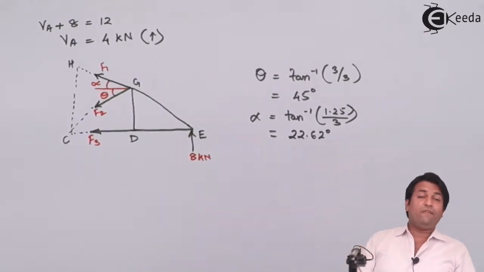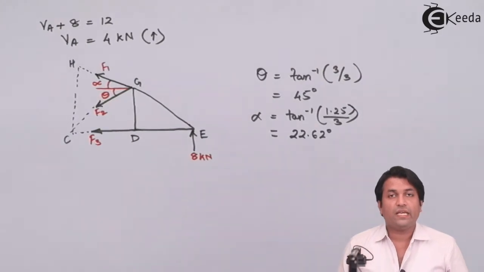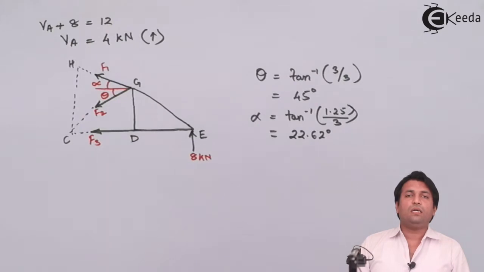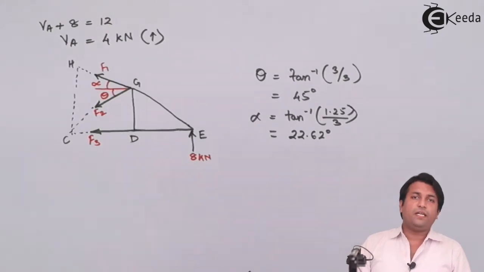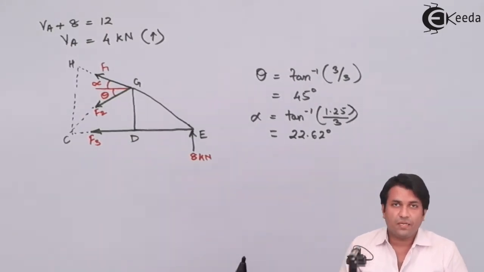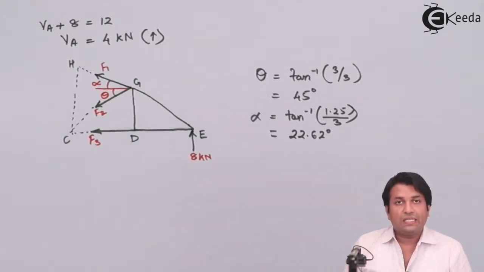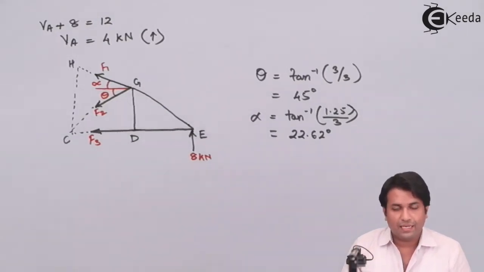Now, what do we need to do while solving any example by the method of sections? The easier method is to take moment about any one point. For example, if I take moment about C, what happens in that case?